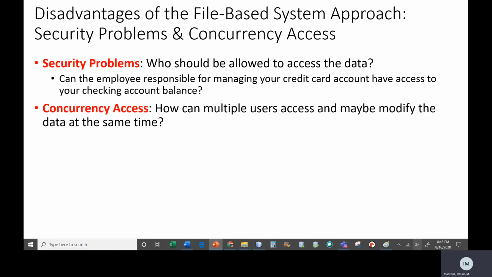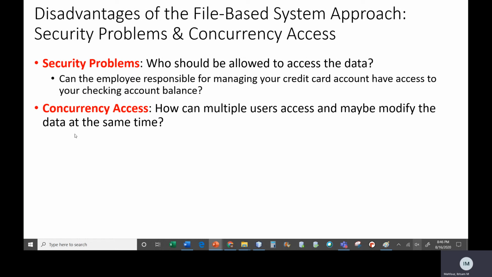So if I go into your checking account and I want to add in the interest, I need to see how much you have in the bank. If someone at the same time is going in and saying, I'm going to deduct $500, well, maybe I need to add the interest on before someone deducts so that my calculation is right.